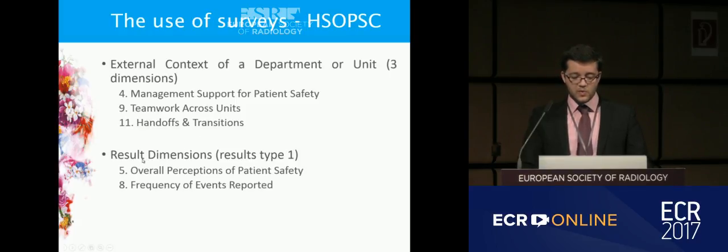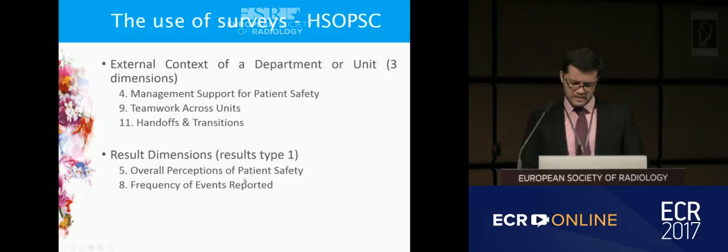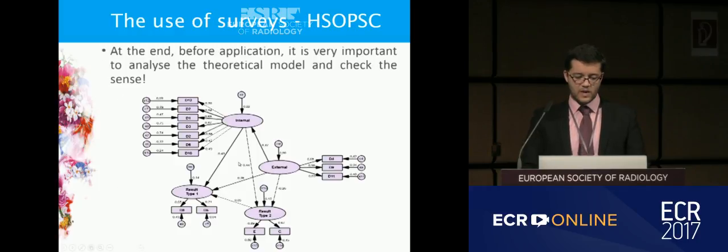And it has 2 results dimensions: the overall frequencies of patient safety and the frequency of events reported, and 2 single items that are the patient safety grade, or the opinion of the professional regarding the patient safety grade, and the number of events reported. These are results of type 2, and these ones are results of type 1.